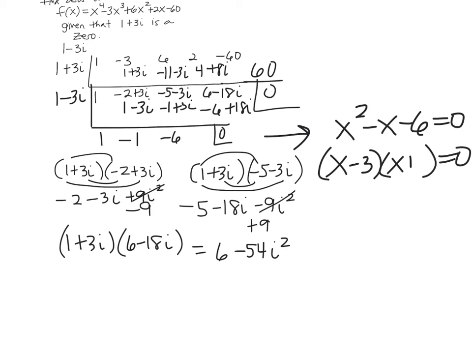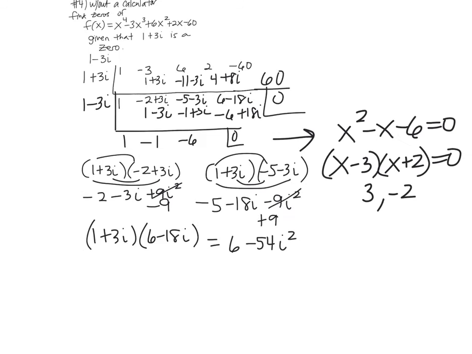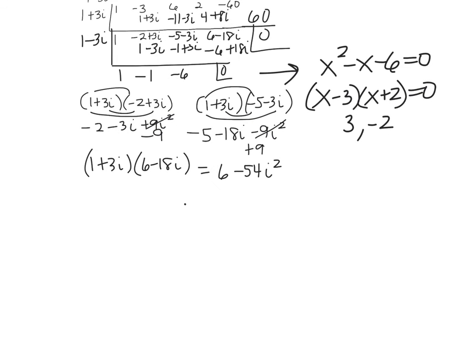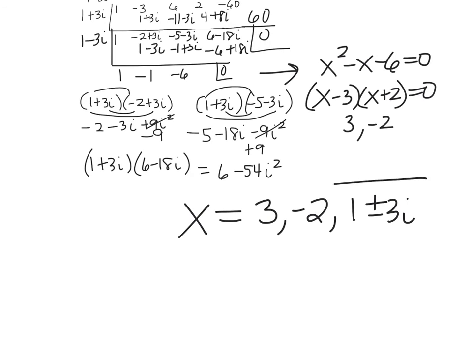Negative 3 and positive 2. So my zeros are 3 and negative 2 from there. Let's go back to the very beginning where it says find all the zeros. So we're done. All the zeros are 3, negative 2, and 1 plus or minus 3i. There you go. Wasn't that so good?